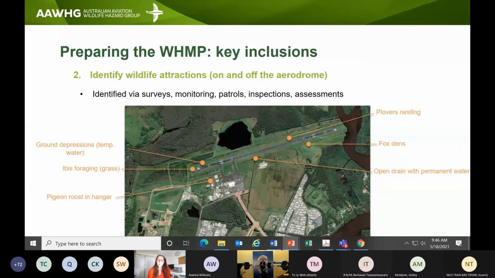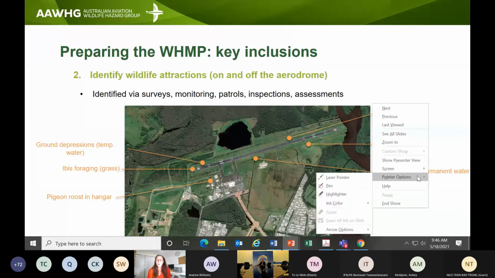For example, if we look at this image from the bottom left, and we'll move around in a clockwise direction, they identified that in one of their hangars there was a significant pigeon roost.